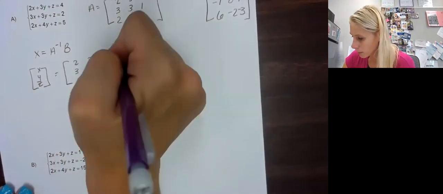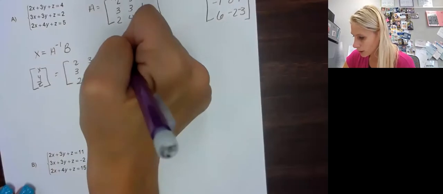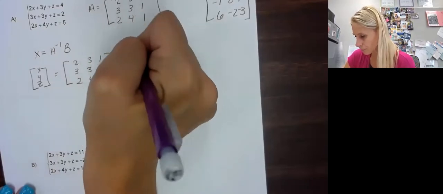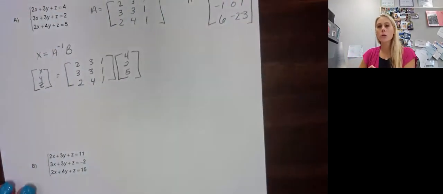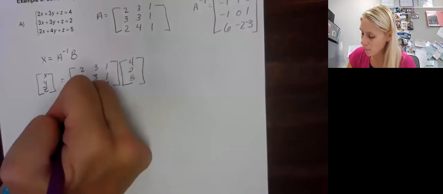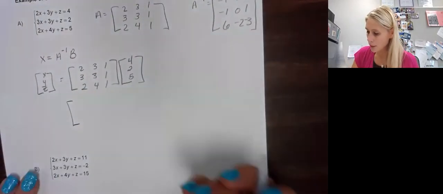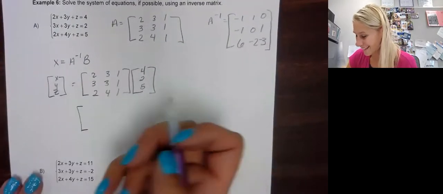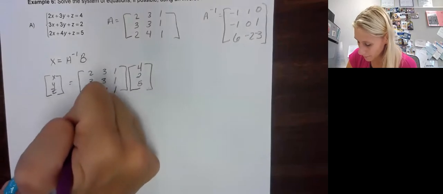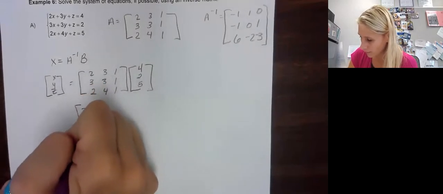And then we're going to multiply it by our constant, which is our 4, 2, 5. If you want to practice your multiplication right now, what I would do is pause the video, do out your multiplication, and see if you come up with the same answer that I do. Okay? So when I do the multiplication, what happens is we get -2, 1, and 5.